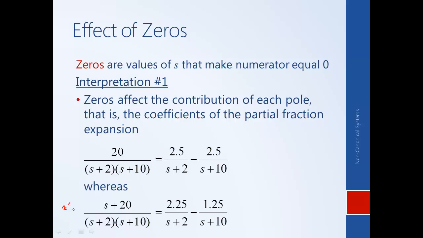So for this second one, there's a zero at minus 20. For the first transfer function, there is no value of s which makes the numerator equal to 0. Therefore, it has no zeros.